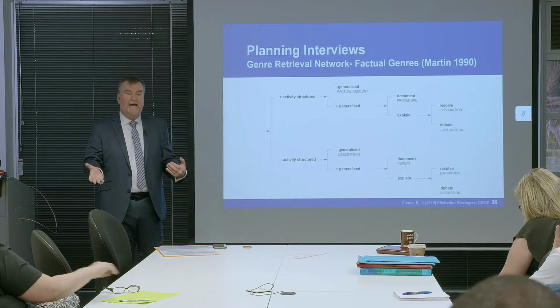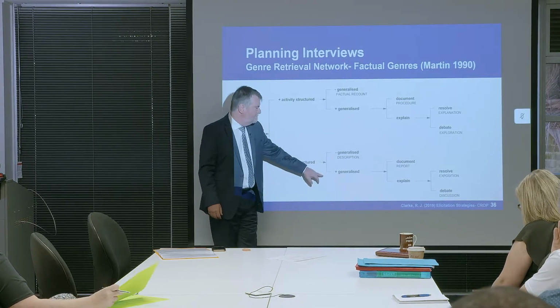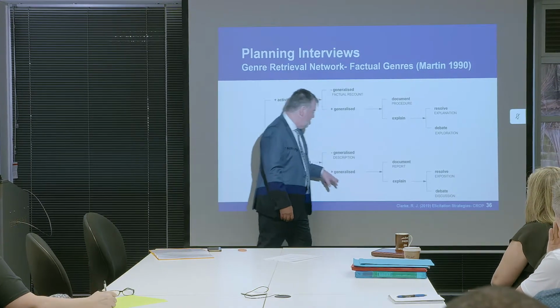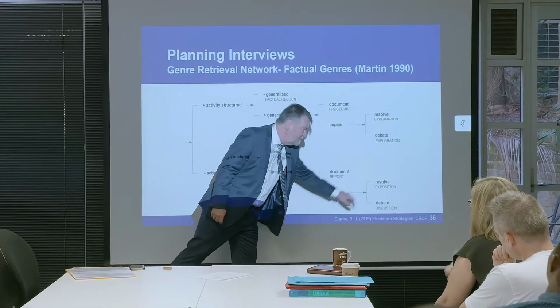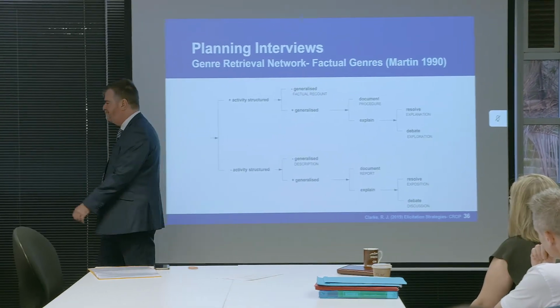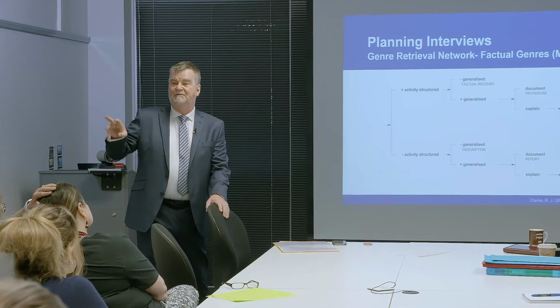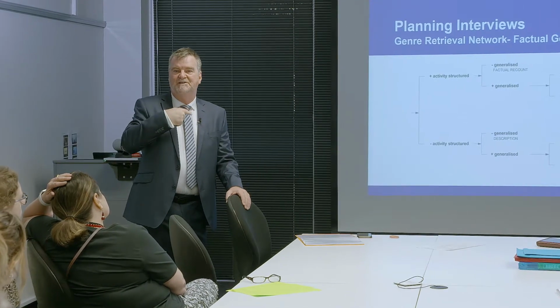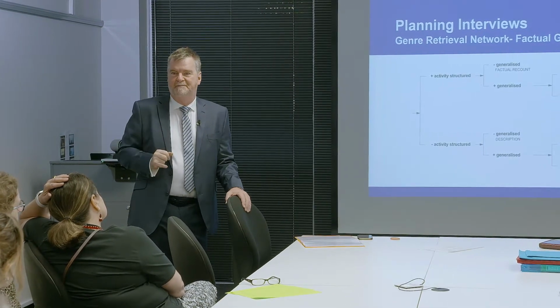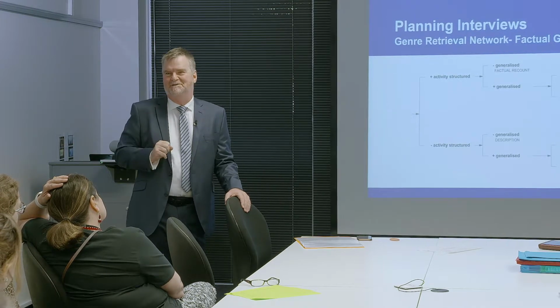You'll use a non-activity structured factual genre to either describe what's happening, or if I want to report on something or explain something, I've got these options here. So figuring out what canonical genre I need if I'm dealing with factual information involves basically traversing this graph and making a selection. One and only one selection will do.